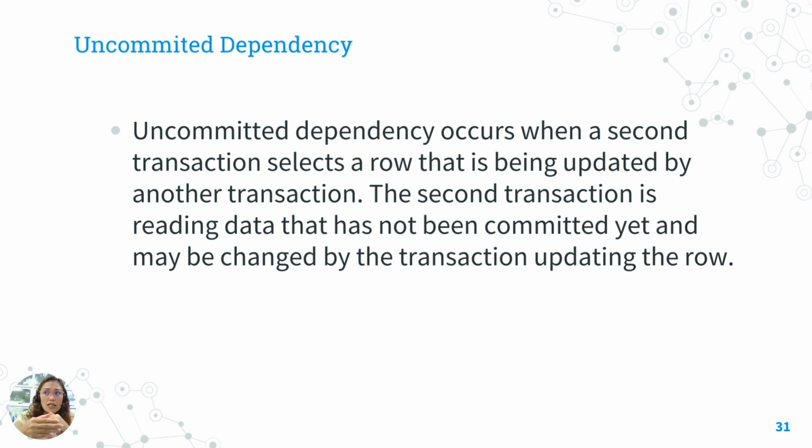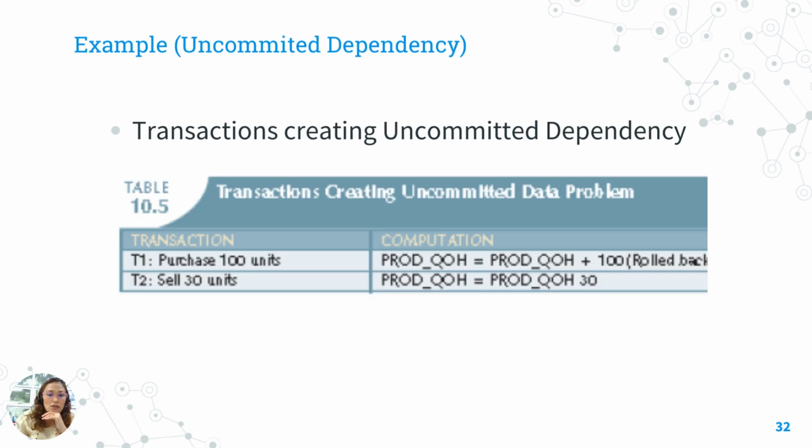So the moment transaction one reverts or changes the update for that particular data item, transaction two will be seeing another value for that data item. So that's what we call inconsistency problems or uncommitted dependency.